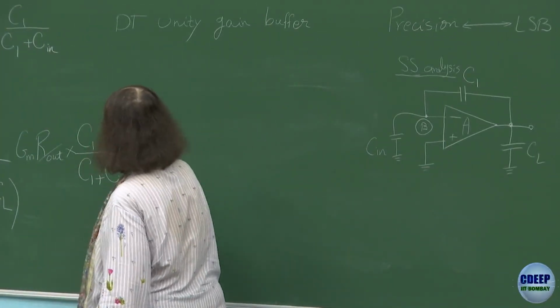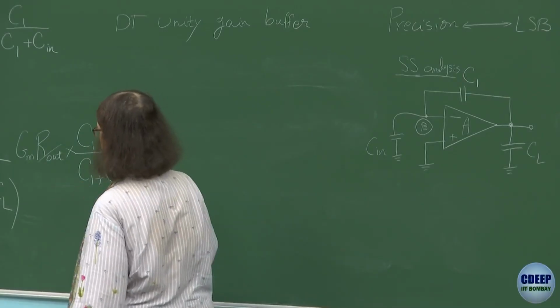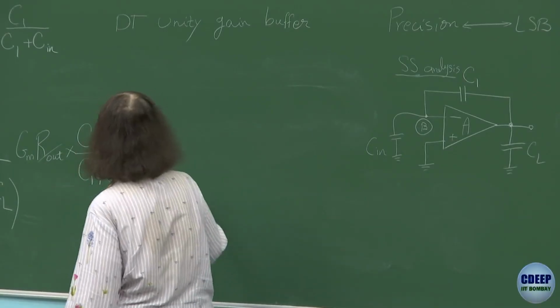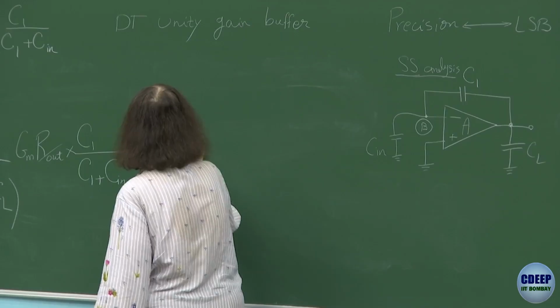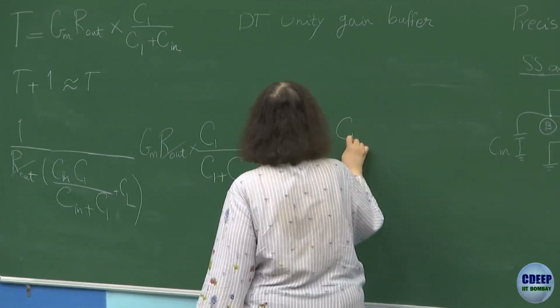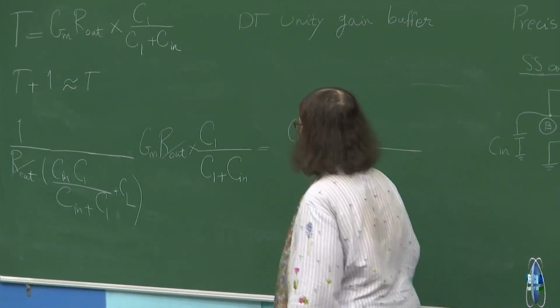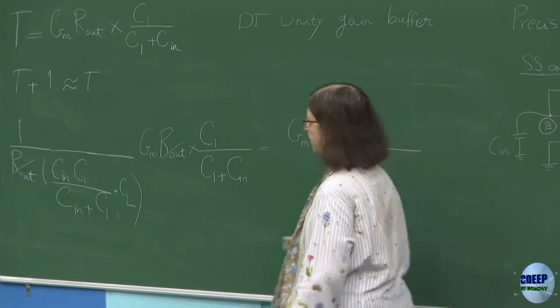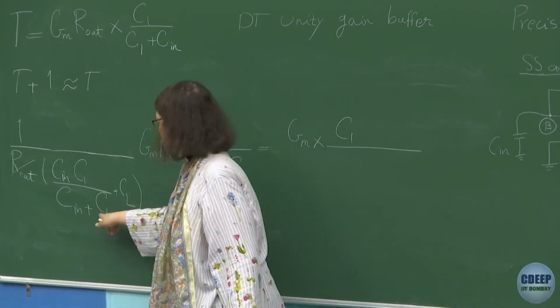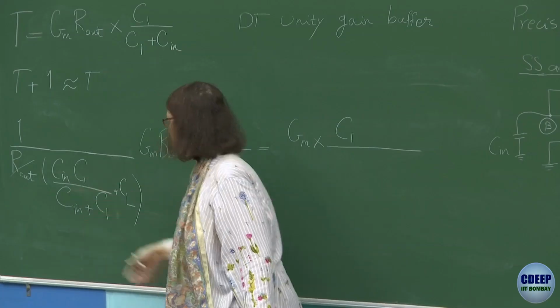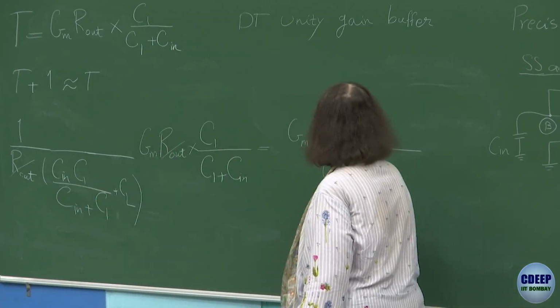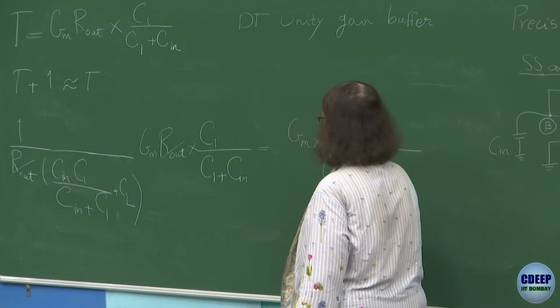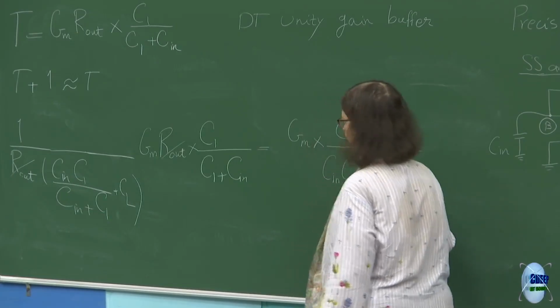Now you see C1 plus C in will get cancelled. C1, the feedback capacitor, will remain. Eventually it is GM multiplied by, because of C in, C1 and CL, we will have all possible combinations of 2 out of 3.